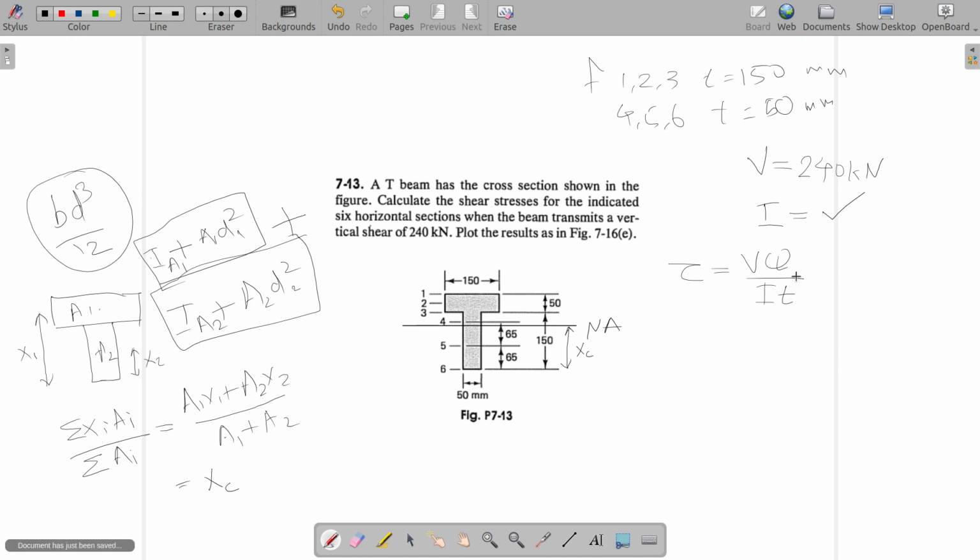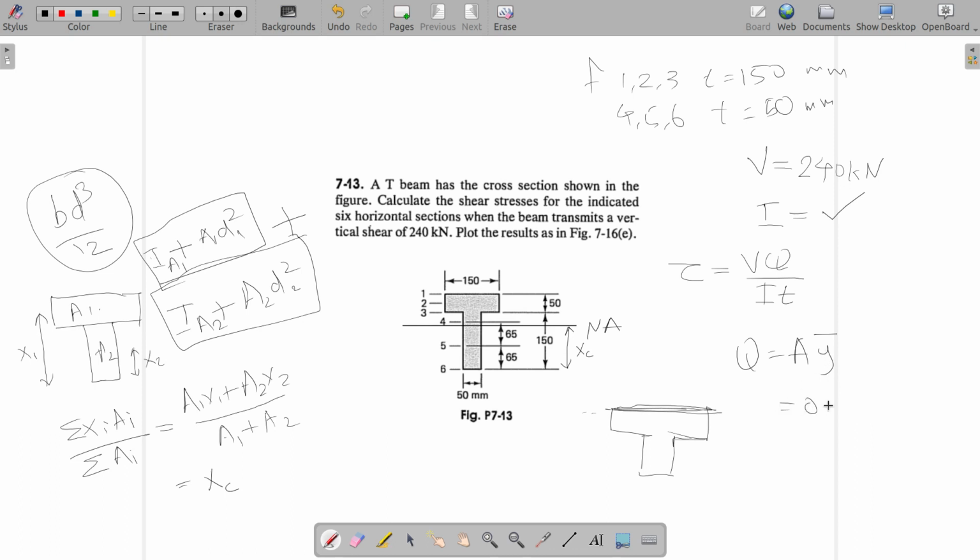And the last quantity here is Q. Q is equal to A y bar. So in this case, A and y bar will depend on the section you are considering. If you choose first location 1, this is the first location, so the area of the T section above this line is essentially 0.